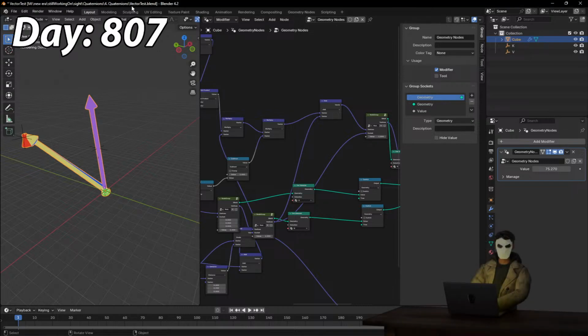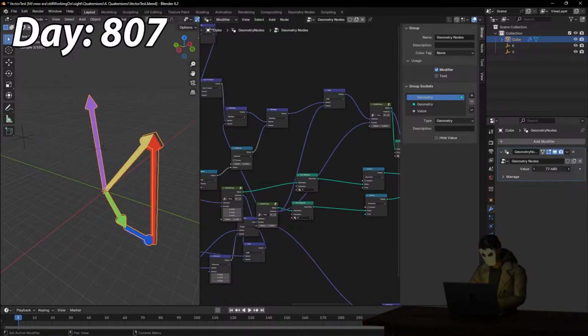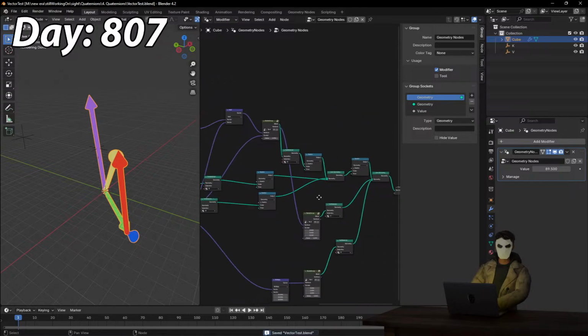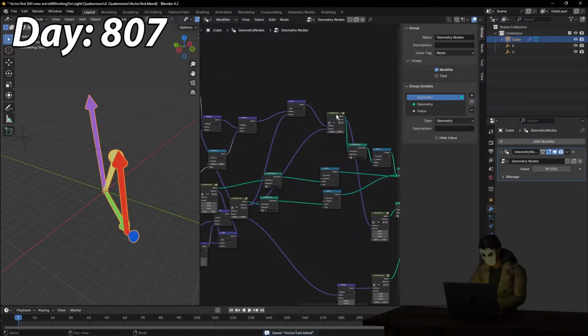Okay, so I believe green, then red, then blue would actually be the best. Yes.